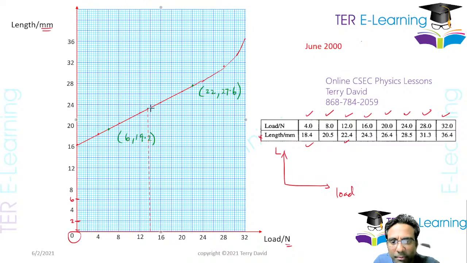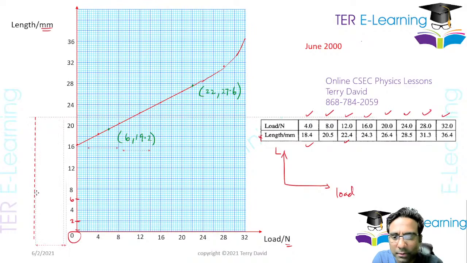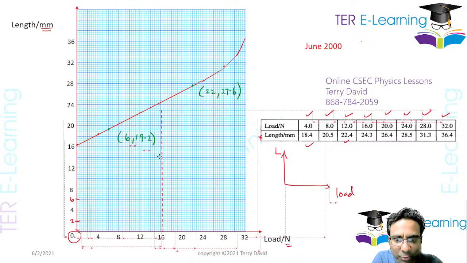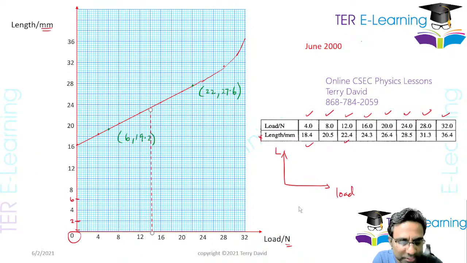I need to come up to the graph here. Sometimes these lines don't do what I want them to do. So you're reading off at 14 here. Then we need to draw a horizontal line to read off what that length is supposed to be.